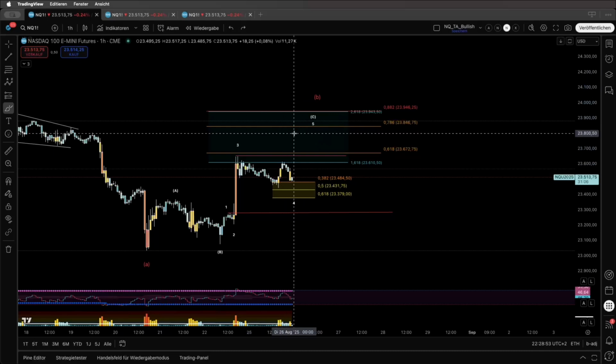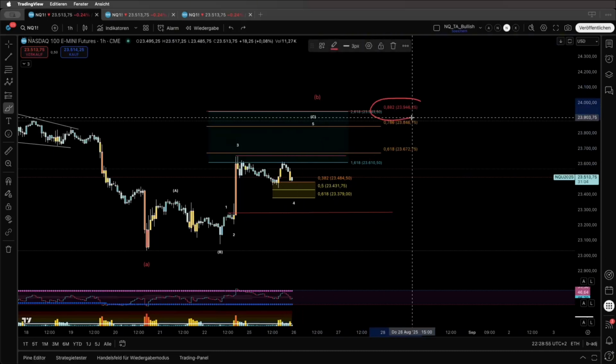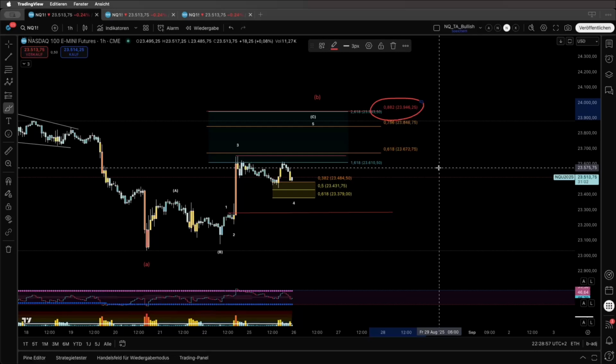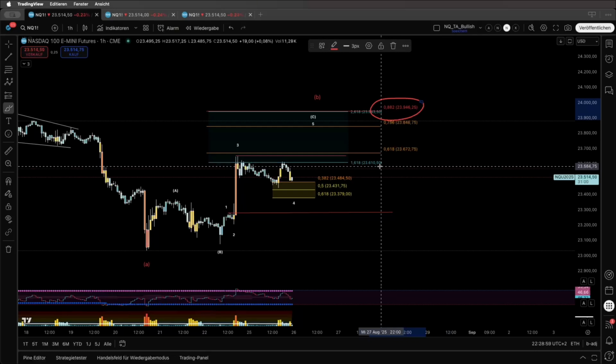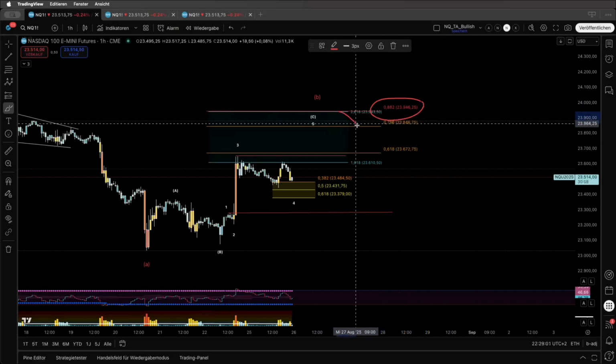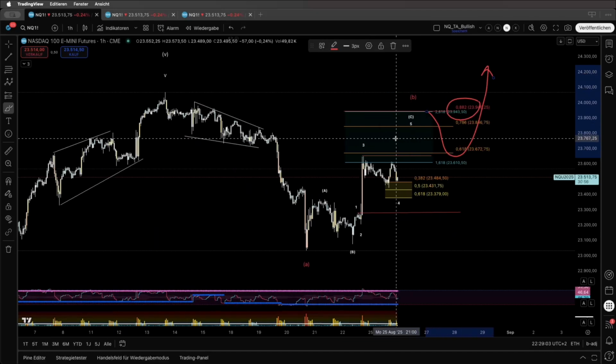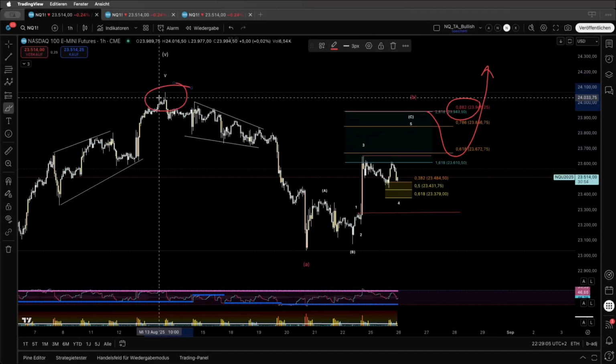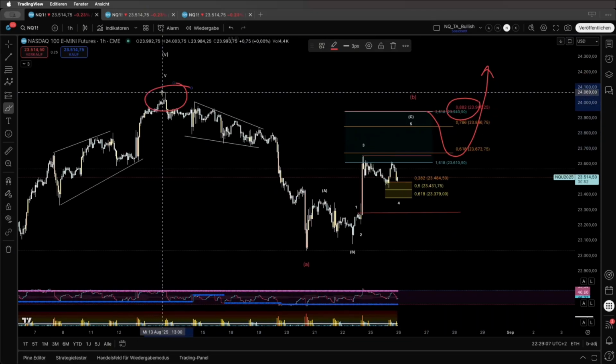What the bears in this scenario need to protect is the 88.2 FIB retracement at 23,946, because whenever the 88.2 is touched, I do expect a retracement and upside continuation afterwards, taking the previous highs at around 24,069. Is it right? Yeah, 69 around.